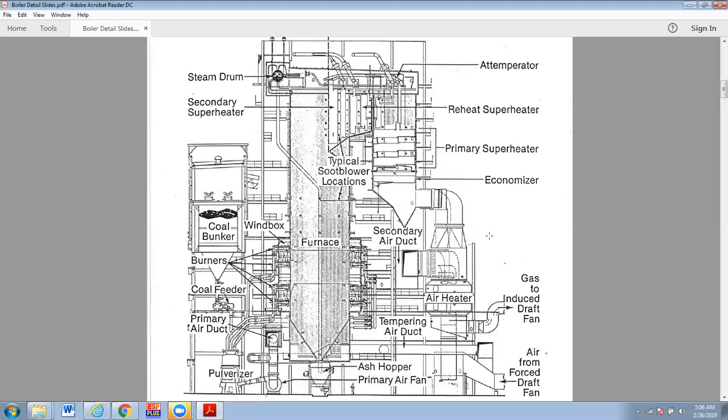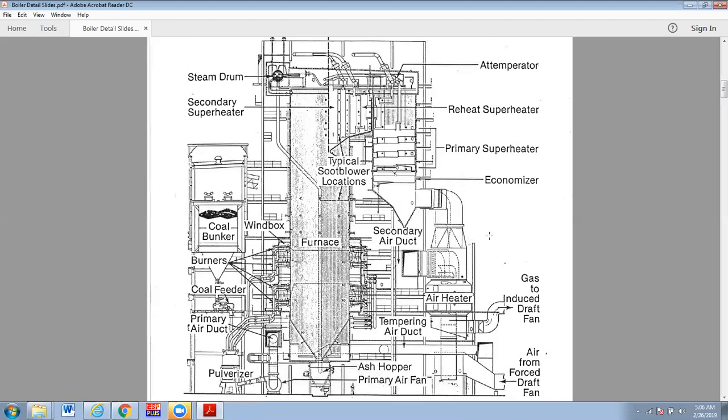Okay, so once we get the air into the boiler, it's used in combustion. Hopefully we have good mixing, so that the oxygen in the air that we get in there is mixed well and is in a position to support the combustion of the coal. The residence time of those coal particles is really not all that long.